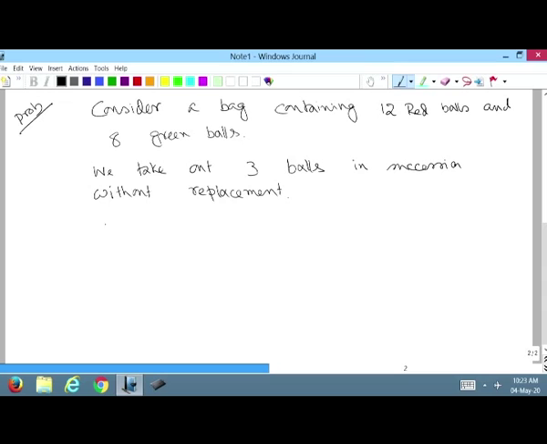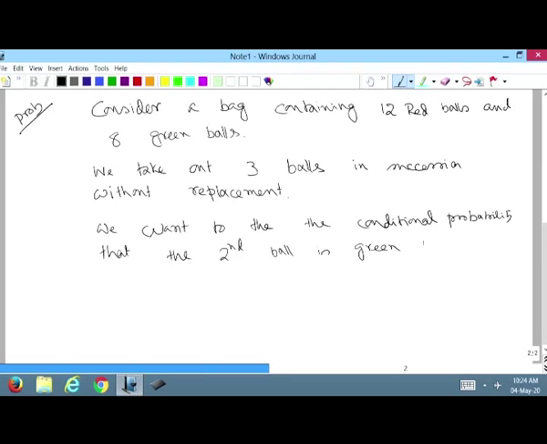And suppose we want to know the conditional probability that the second ball is green, given that the first ball is red.